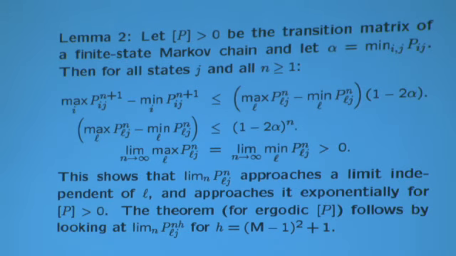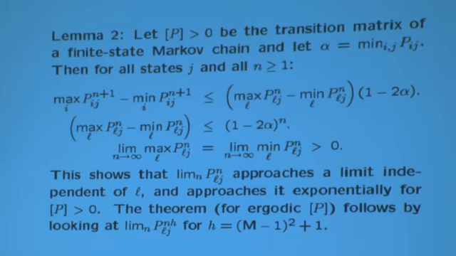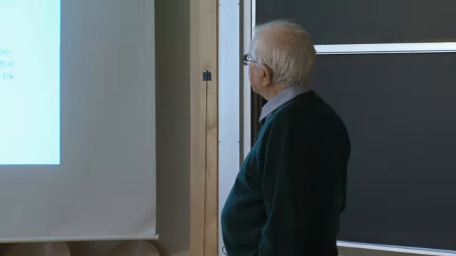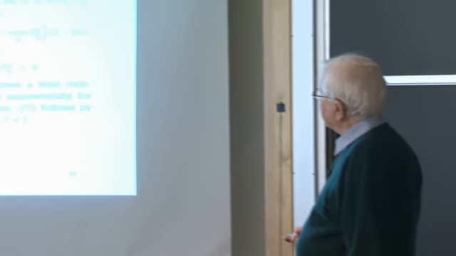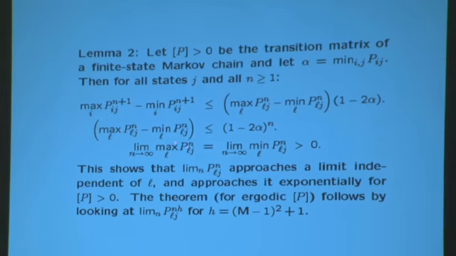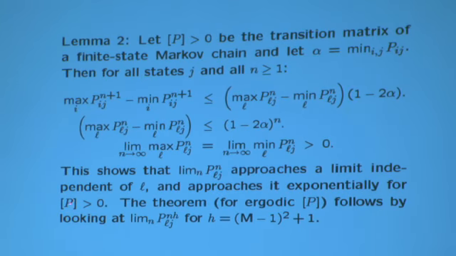It says that everything in the middle gets squeezed together, and it says exactly what we wanted to say, that the limit of p sub ij to the n is independent of i after n gets very large, because the maximum and the minimum get very close to each other. We also showed that it approaches that limit exponentially. That's what this says. The exponent here is just this alpha determined in that way.